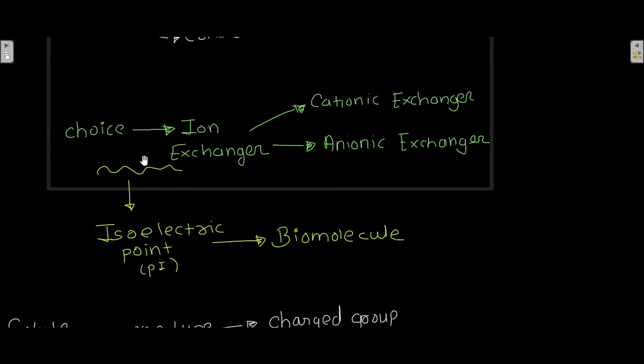The choice of an ion exchanger, whether it is going to be a cationic exchanger or an anionic exchanger, depends upon the isoelectric point of the biomolecule which is going to be separated. For the biomolecule you are going to separate, what is its isoelectric point? On that you will choose whether you have to use a cationic exchanger or an anionic exchanger.